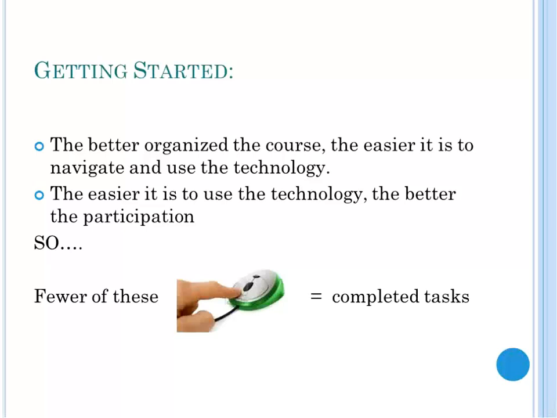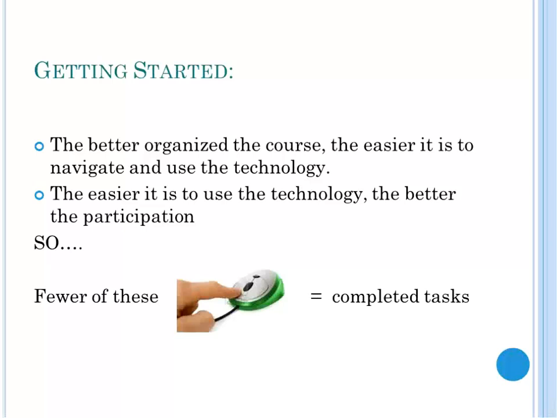So as you get started with discussion boards, there are a few pointers. Number one, the better organized the course, the easier it is to navigate and use the technology. If students are trying to click left and right and find some information in some little nook in the course, they're going to get frustrated and they're less likely to participate.